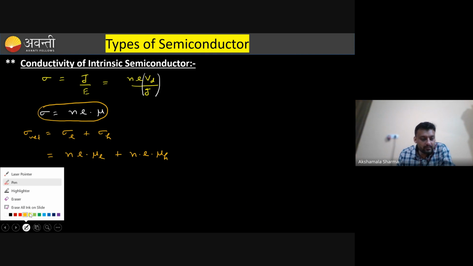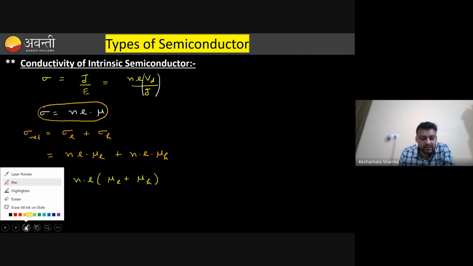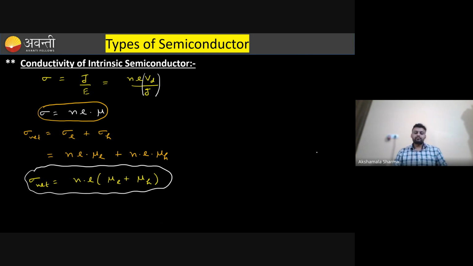Now, if you simplify it, sigma net will be, you can take N E as common. It will be mu E plus mu H. This is the relation. All the JEE students should remember this relation. NEET students as well. I hope this is clear to everyone. Is it clear?